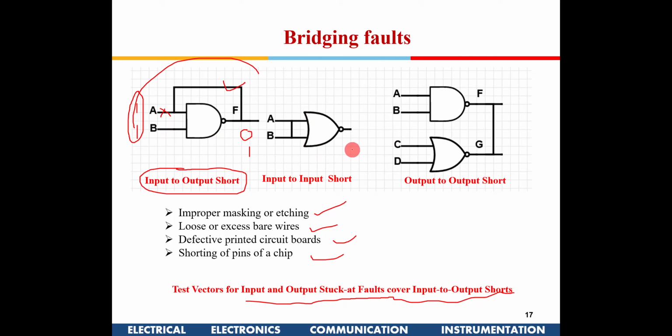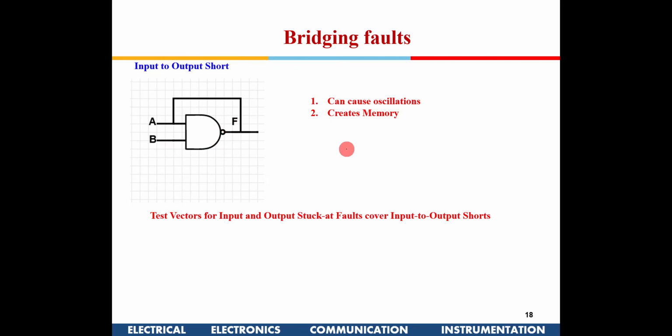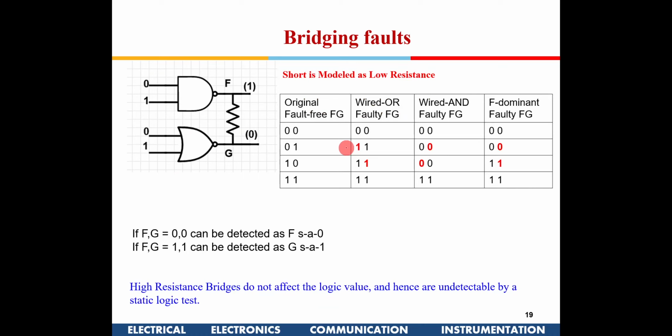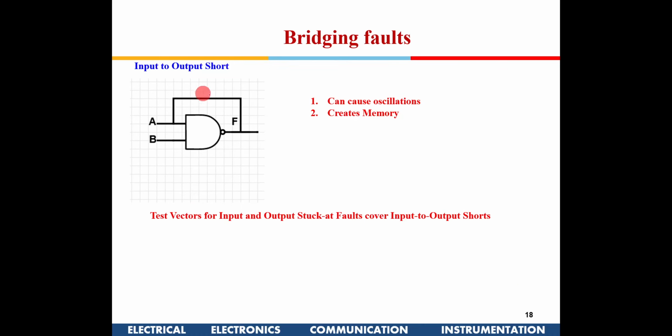Now what about this and this? This kind of thing can cause oscillations, and it can cause memory-like behavior, because this has become a latch. We saw in our advanced VLSI class what a latch is. Suppose I am giving a signal A equal to 0, and this has become 1.